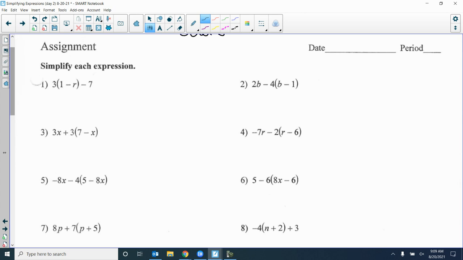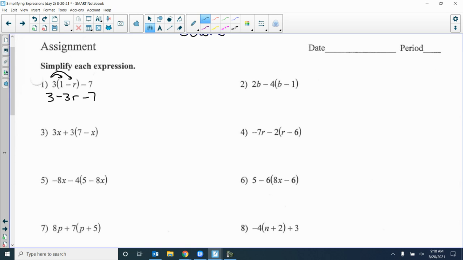You've got 3 parentheses, 1 minus r, and then minus 7. The 3 will distribute to the 2 things in parentheses. Now don't write super big, because it's going to take you about 2 lines for each one. So that'll give me 3, and think of this as a negative r. 3 times negative 1 is going to be minus 3r. This minus 7 is not affected. We want to write the variable first.